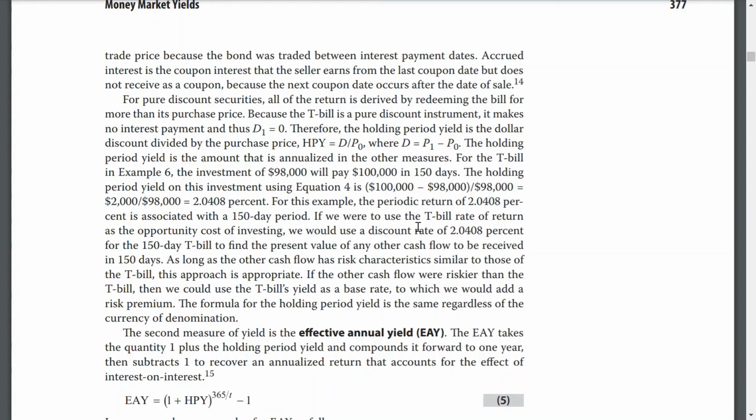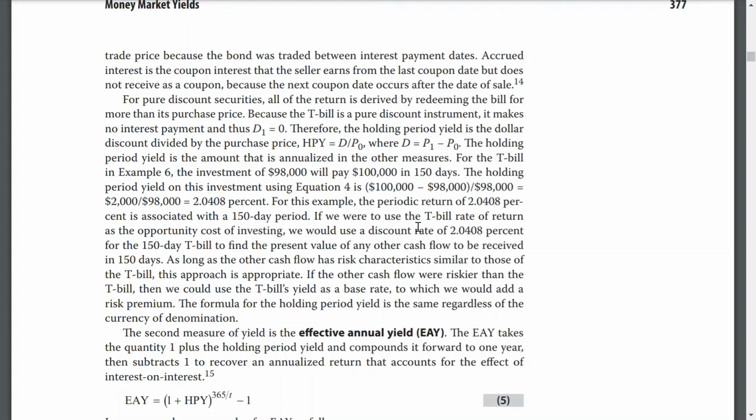As long as the other cash flow has risk characteristics similar to those of the T-bill, this approach is appropriate. If the other cash flows were riskier than the T-bill, we could use the T-bill's yield as a base rate to which we could add a risk premium. The formula for the holding period yield is the same regardless of the currency of denomination.